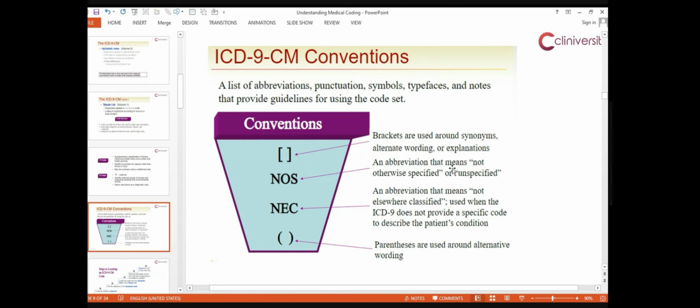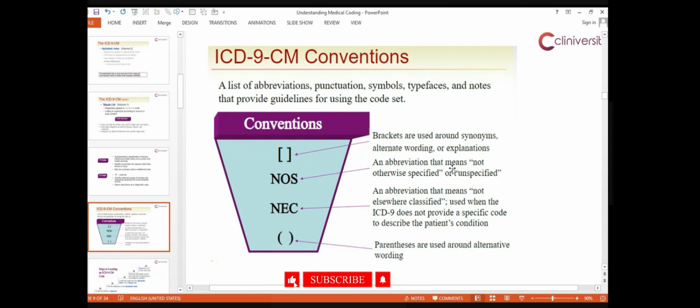Conventions could be parentheses and certain abbreviations as mentioned here, NOS, NEC, etc. Or brackets. Brackets are used around synonyms, alternate wording or explanation. So anything written in such brackets, you should understand it is not anything new. It is just indicating a synonym of the given terminology or diagnostic condition for which we are finding codes.